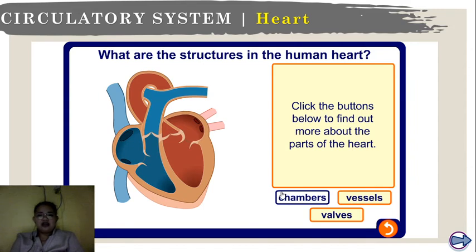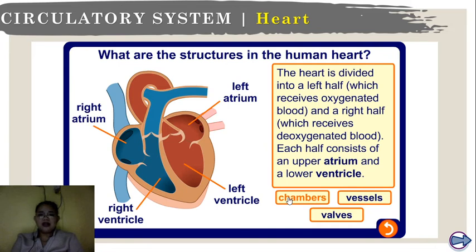Okay, so ano ba yung structure ng heart? So we have the chambers, they have the vessels, and then you have the valves. So chambers, dalawa lang yan. Okay, upper part, and then the lower chamber. Pag sinabi mong upper chamber, those are known as atria. Okay, and then the lower chambers, this one is what we call the ventricles. Okay, doon sa atria ninyo, plural yun, dalawa yun. Kapag isa lang, atrium.